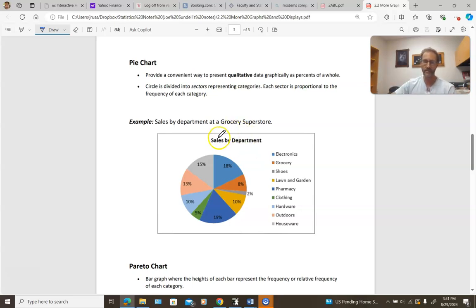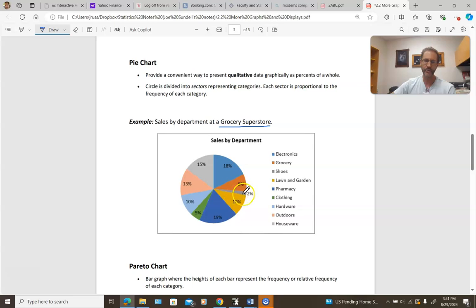Okay, so in this case it's sales by department. So at this particular grocery superstore, you can see here that electronics comprises, it looks like 18% of all the sales. Okay, and then you can see over here, that looks like, to me, shoes.